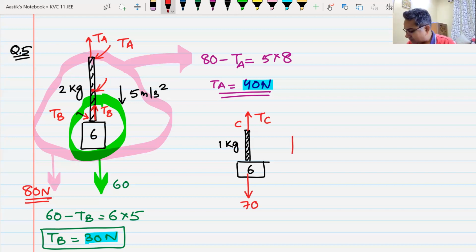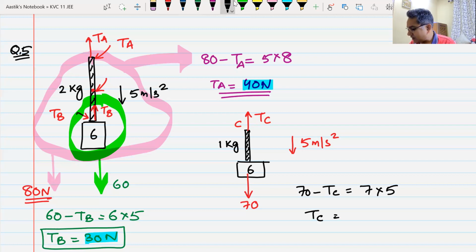And this system is again moving down with an acceleration of 5 meter per second square. You can write the equation of this system on your own, but I will write it for you now. 70 minus tension at point C will be equal to total mass 6 plus 1, 7, multiplied by 5. Tension at point C will be 35 newtons.